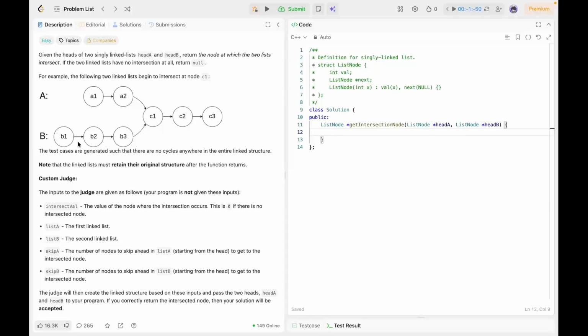Same for head B: when it reaches null, move it to the head of the other linked list and start traversing again. What will happen?